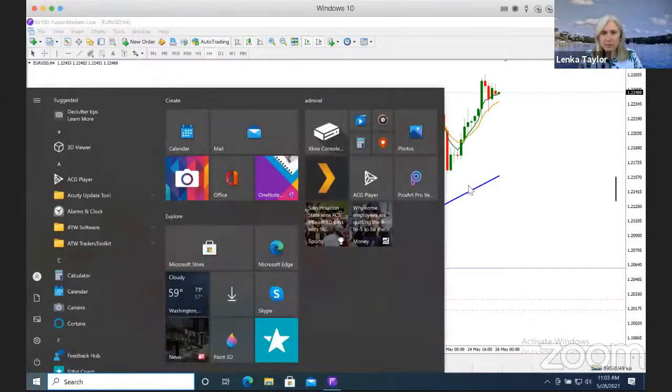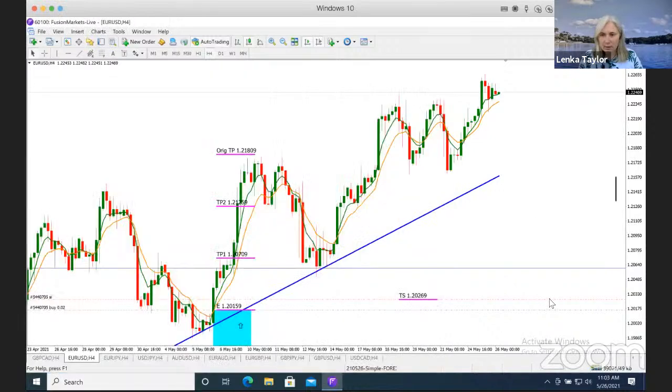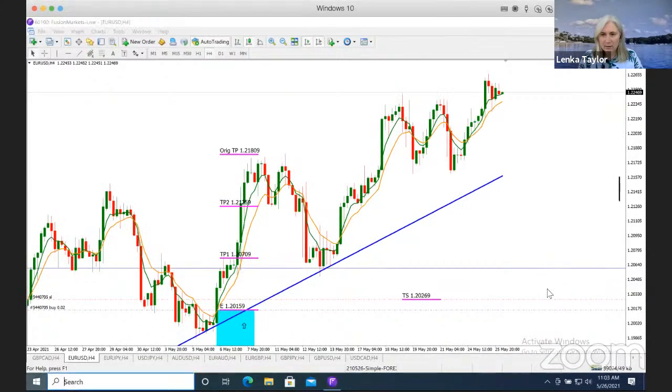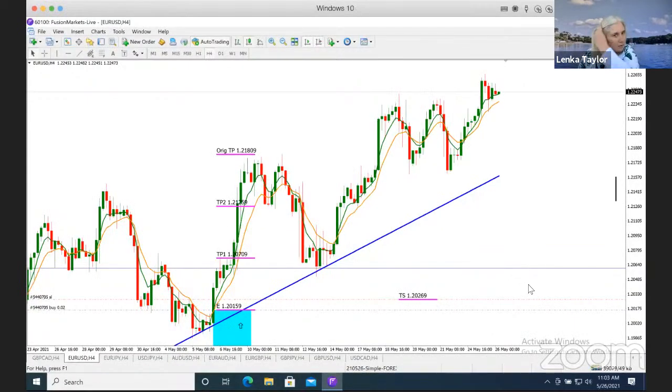Let's see if this is going to work. No. Why is that not working? Right. There we go, this is the right button. So around TP2, that's the new trailing stop.